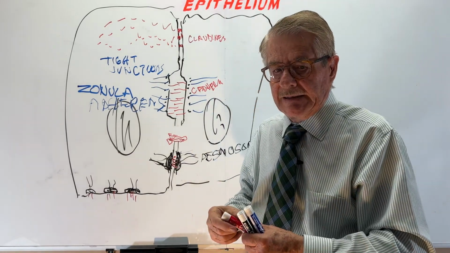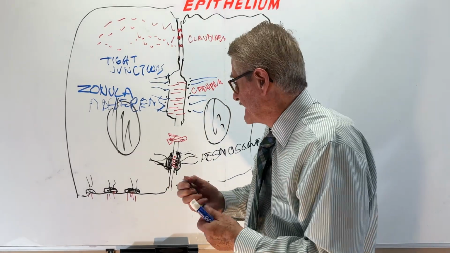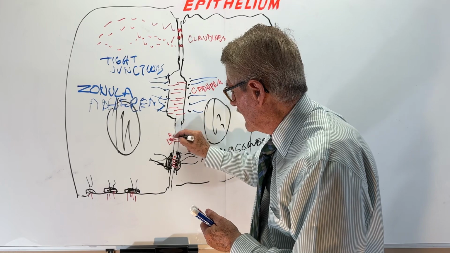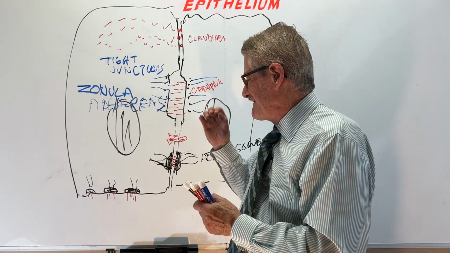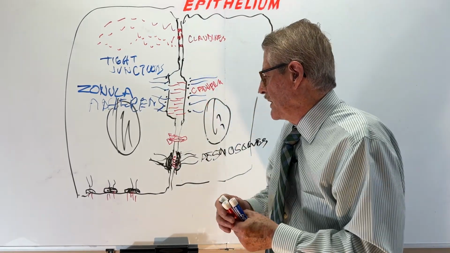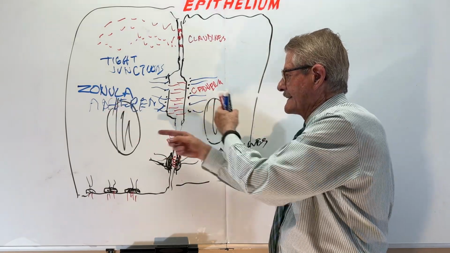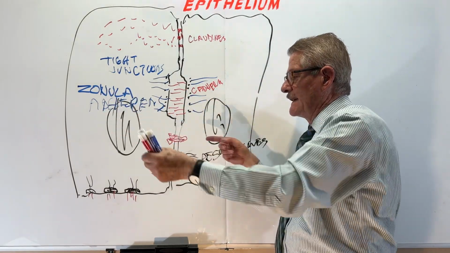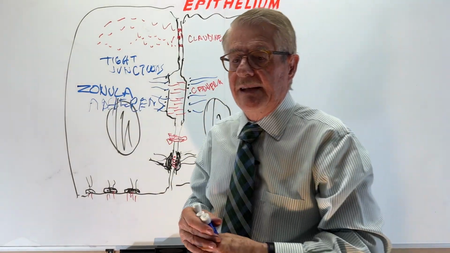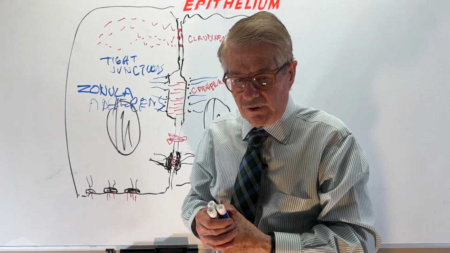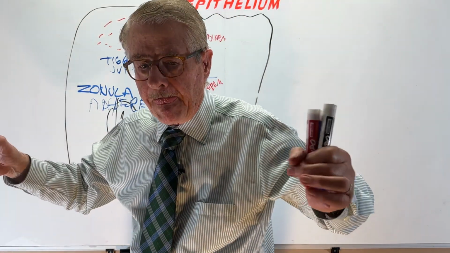These proteins are called connexins, and the hole in the center is called connexon, and the cells can communicate with each other, which in many instances seems to be very important.